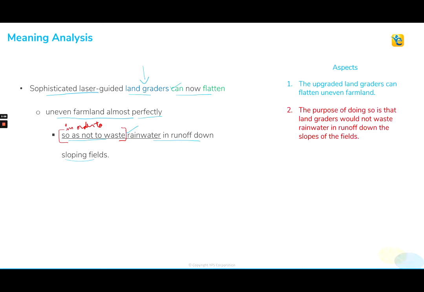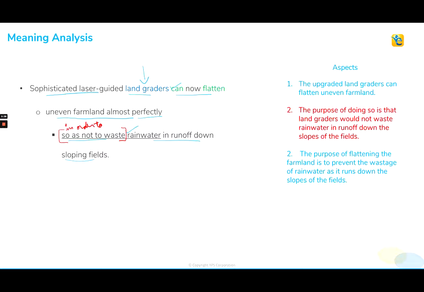So the sentence is definitely not written in the correct way, but we can definitely infer the intended meaning, and our aspect 2 shall actually be that the land graders, or this sophisticated version of land graders, can flatten uneven farmland almost perfectly so that the rainwater is not wasted in runoff down sloping fields.